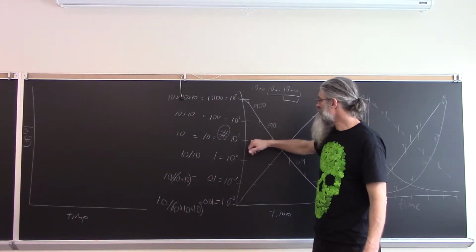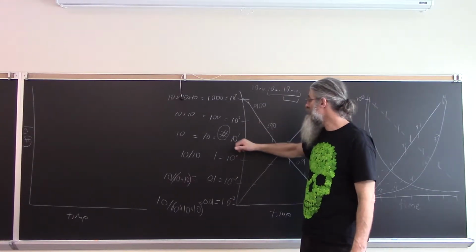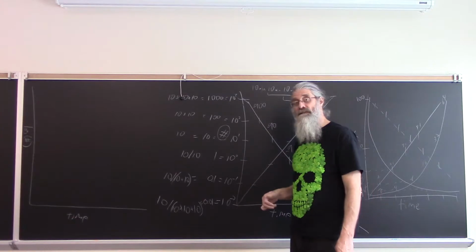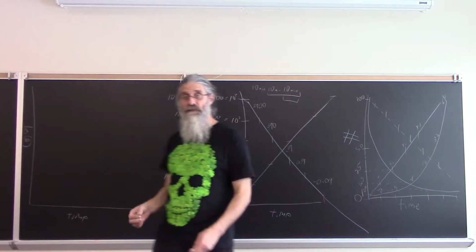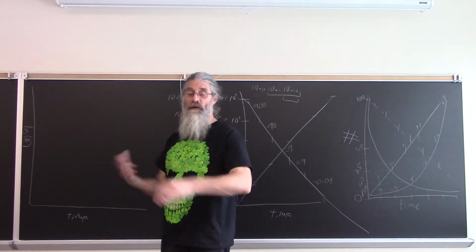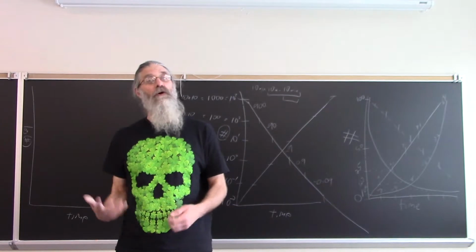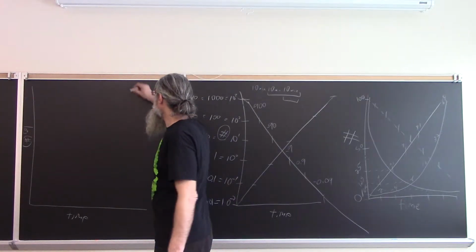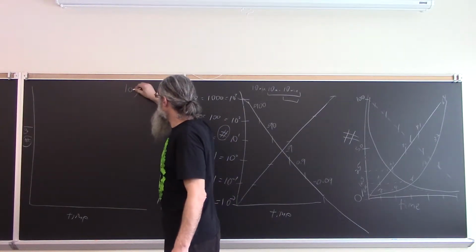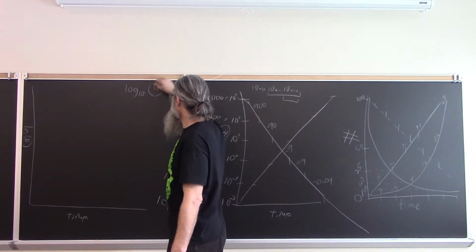So going from 10 to the 1 to 10 to the 2, 10 to 100, that's an order of magnitude change. Going from 10 to the 1 down to 10 to the 0, that's an order of magnitude change. So we're not using base e, in other words. We're not using ln. We're using log, or more explicitly, log base 10, not ln.